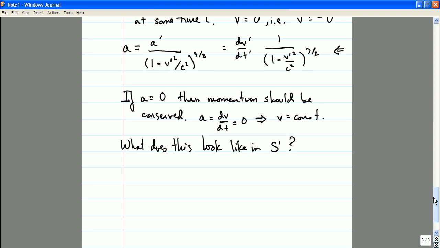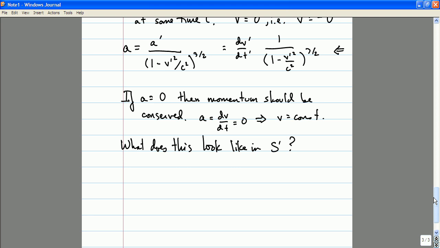And in the S prime frame, the time derivative that we're interested in is d by dt prime. So the question is, if a is equal to 0, does the right-hand side there look like d by dt prime of something? And if you stared at it long enough, you could figure out the answer. But this class is only 50 minutes long, so let me give you a little hint.